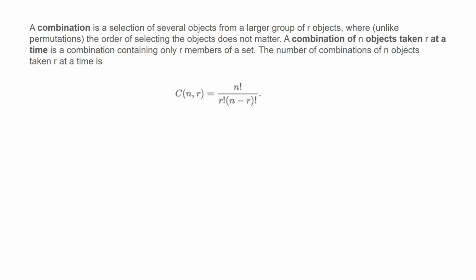Now, a combination is a selection in which the order doesn't matter. So suppose I have the 9 batters for a team. Okay, and I want to look at how many ways I can send 3 of them to the locker room.